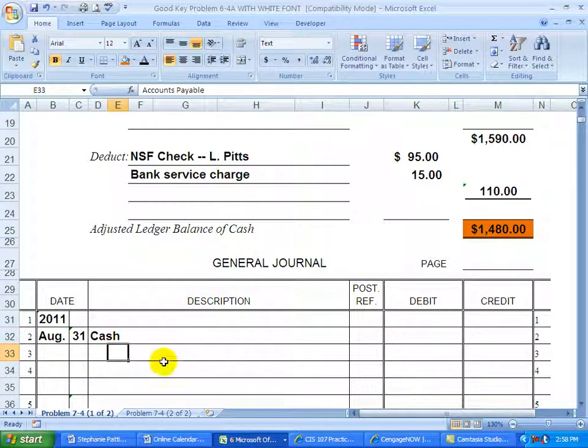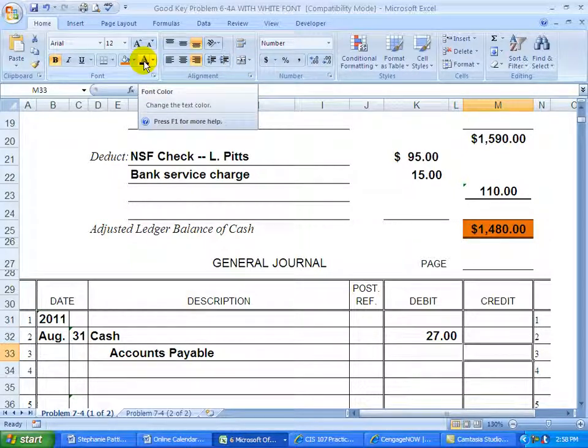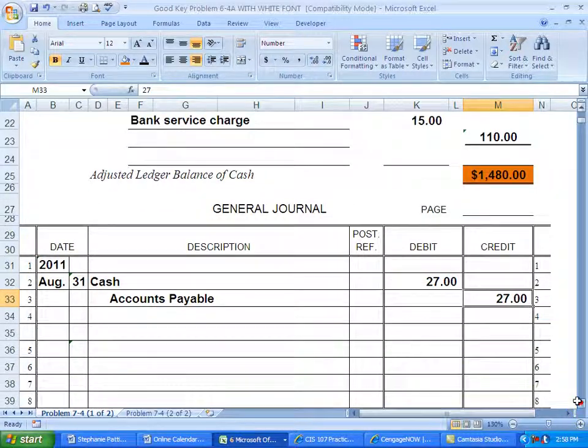It looks like we overpaid this customer, we took too much out of accounts payable, so we have to put some money back into accounts payable as an increase. So we're debiting cash for $27 to make cash get bigger. We're crediting accounts payable for $27 to make accounts payable get bigger, because we do owe more money than what we said. We would need to have some kind of explanation here. We're just going to write that we had an error in check number 925.